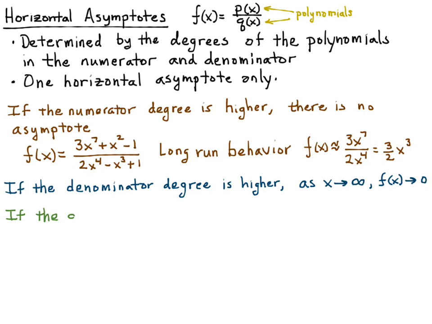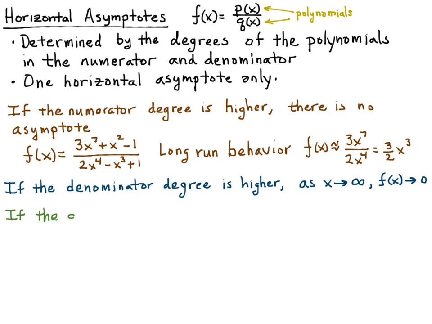Let's say that's 2x to the 4th minus x cubed plus 1 over 3x to the 7th plus x squared minus 1. Remember, the long-term behavior is going to be like the long-term behavior of the leading terms of these. So the long-term behavior of this thing is going to be approximately 2x to the 4th over 3x to the 7th, which if I simplify that, this is 2/3 x cubed.